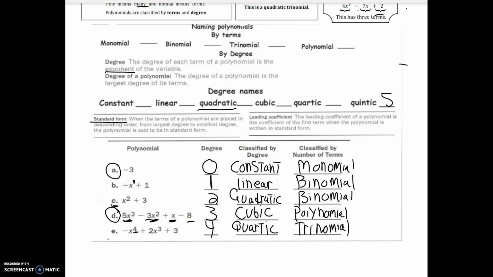So let me just give you one more example. Let's say I had one here. Just going to make up one. Now, if you want to put this in standard form, which I usually want all of them in, you're just going to have to rearrange it. So we're going to have to put this term first.